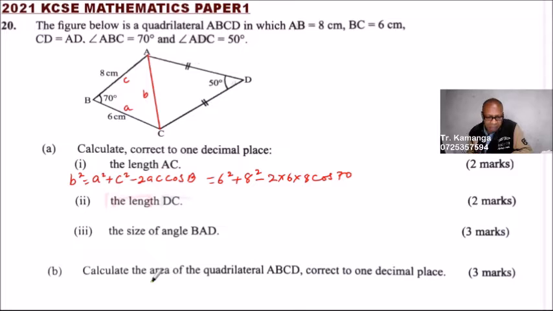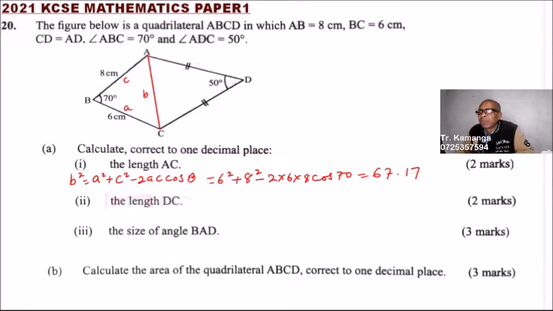Let me check that. I'm getting 67.166, so I can say 67.17 to 2 decimal places.